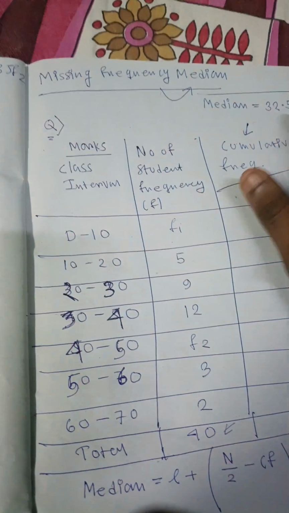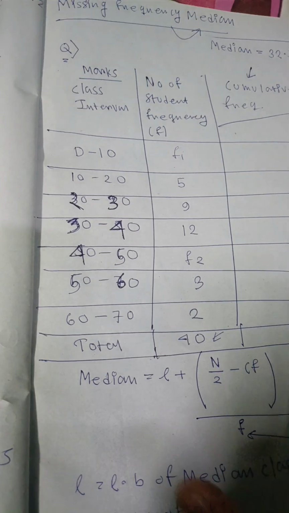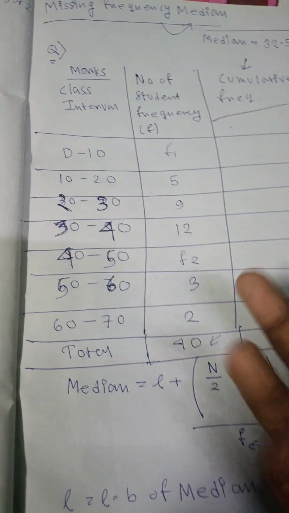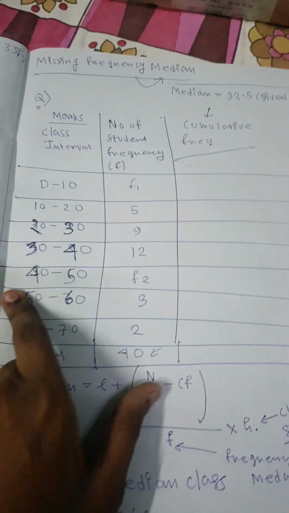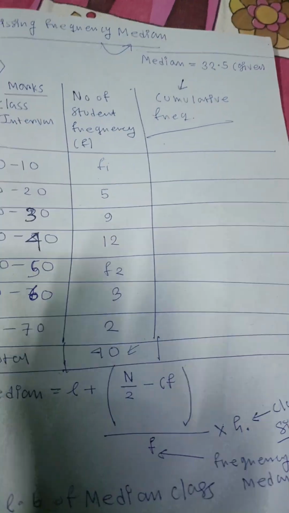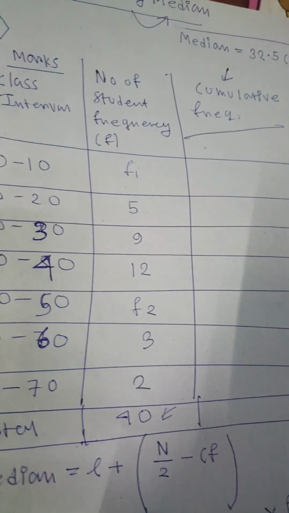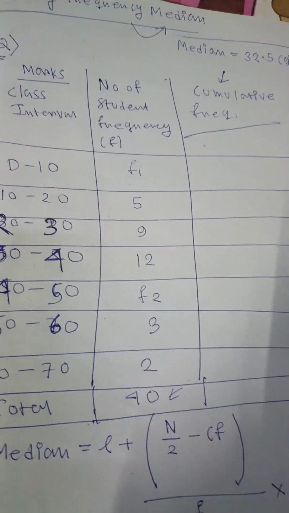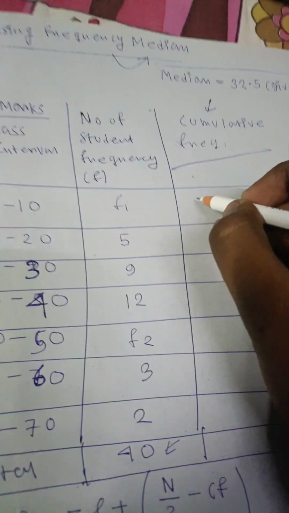Then there is the median, you have to take care of that, and then we just have to follow some formulas. So here you have to make the table of marks given in the question, and you have to write the cumulative frequency. What is cumulative frequency? You have to add all the frequencies.